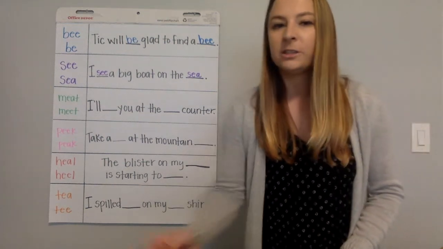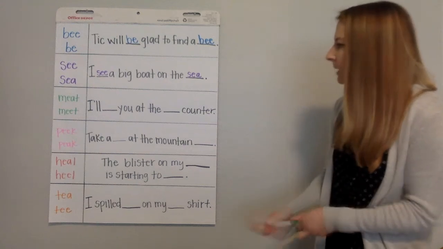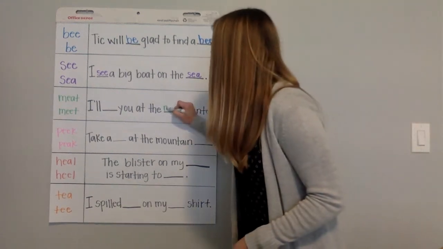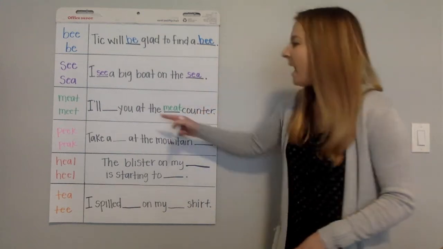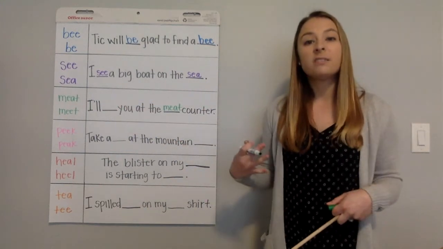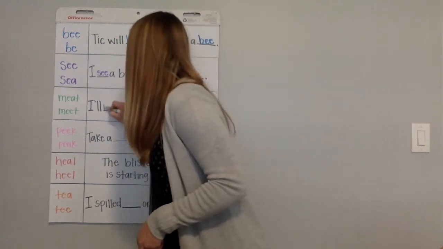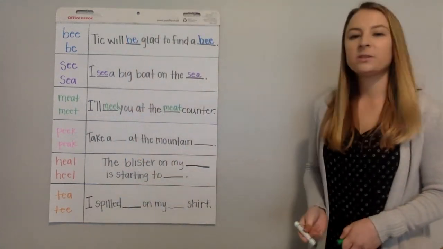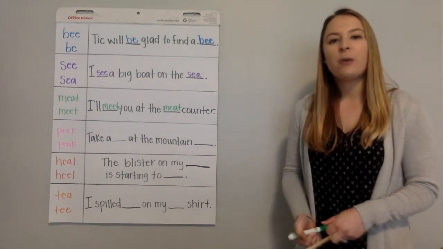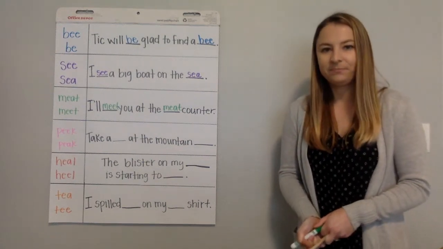That helps me understand that this one is probably going to be the meat like the food we eat. And I'll meet you, as in I'll see you there. So our sentence will sound like, I'll meet you at the meat counter.